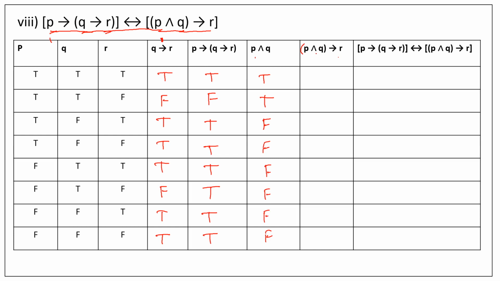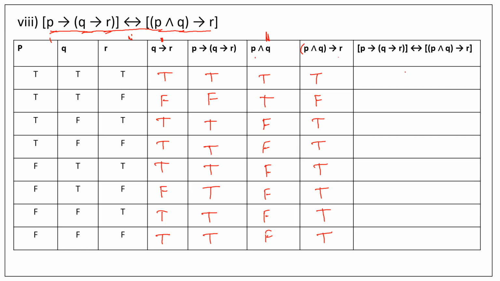Next column, P and Q implies R. Again implication, TF is F, otherwise it is true. So this is TT, so T. This is TF, F. So this will be T, T, T, T, again T.